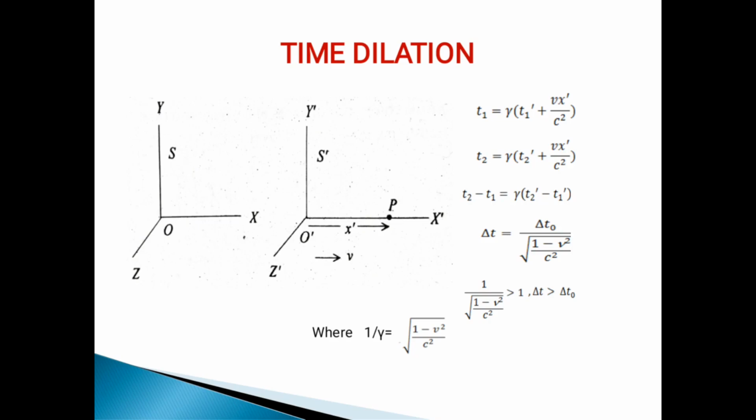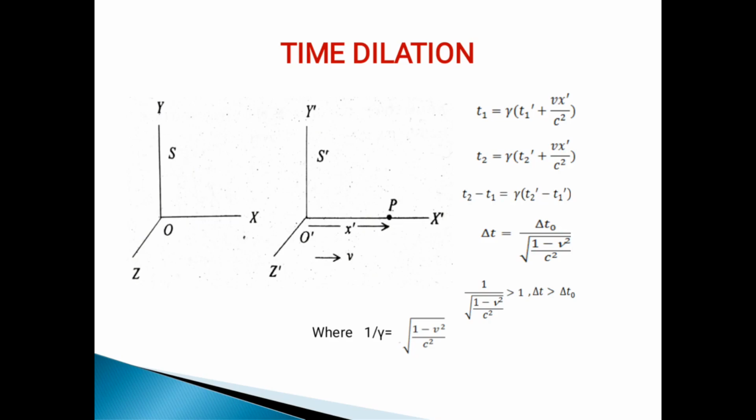Subtracting these two equations, t equal to t2 prime minus t1 prime divided by square root of 1 minus v square by c square, or t equal to t0 by square root of 1 minus v square by c square. Thus, t is greater than t0.